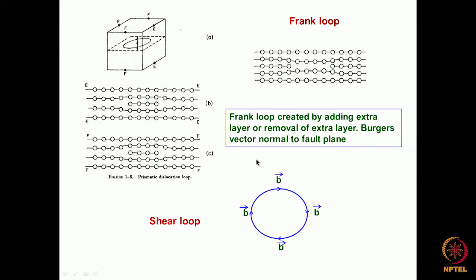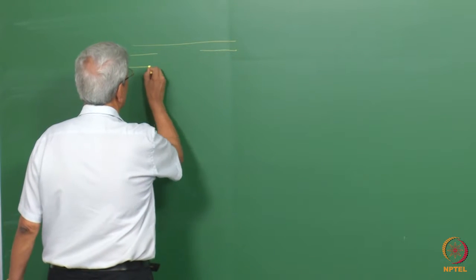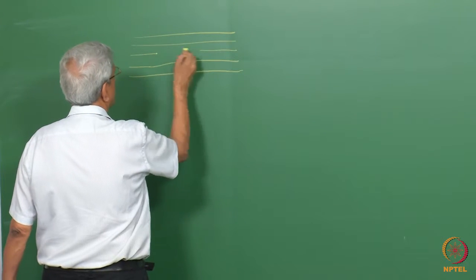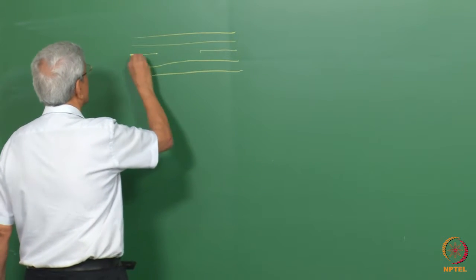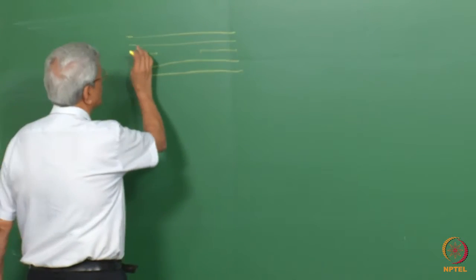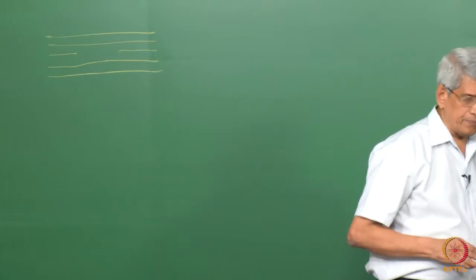Then another type of dislocation which we considered is the Frank dislocation or the Frank loop. This essentially is that if we remove one of the layers partly, not completely, like we assume that part of the layer has been removed. So we are only showing a cross section of the sample.